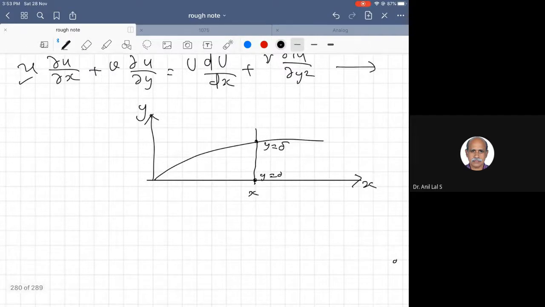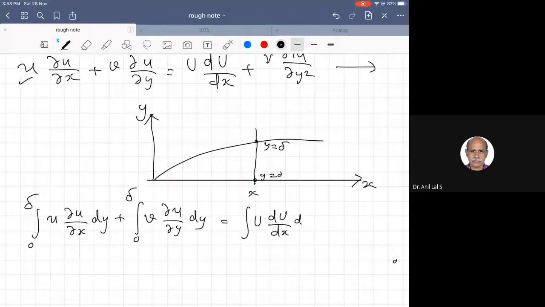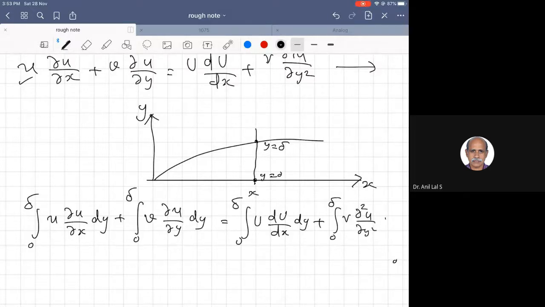So we have the integral from 0 to delta of u dou u by dou x dy, plus the integral from 0 to delta of v dou u by dou y dy, is equal to the integral of U dU by dx dy, plus the integral from 0 to delta of mu dou squared u by dou y squared dy.